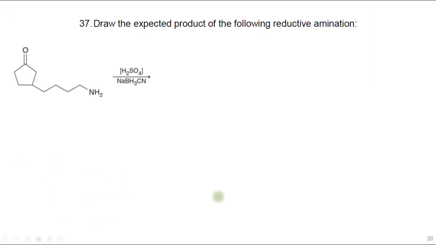Draw the expected product. So here the nitrogen is going to react with this carbonyl here. So if I look at my 5-membered ring, there's 1, 2, 4 carbons plus a nitrogen that will connect to that. So I have a new bond right here. 1, 2, 3, 4.